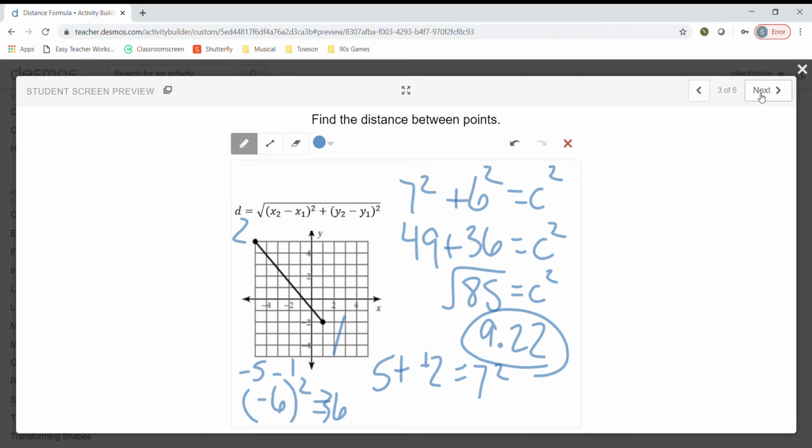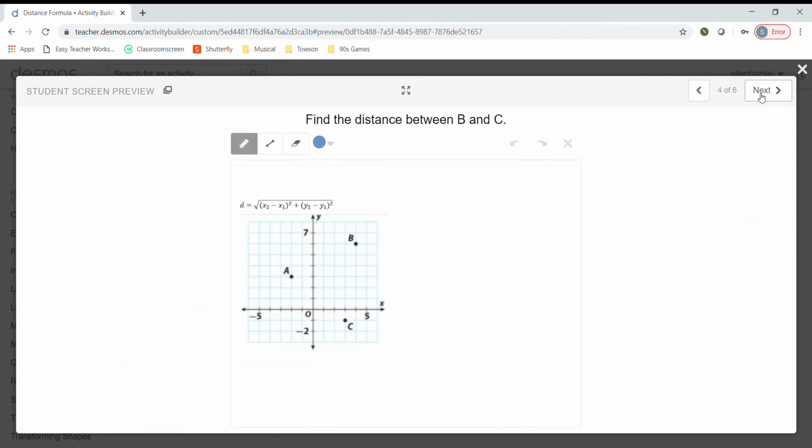All right, so now we're going to take a look at how to put all of this in under this radical. So we're going to start with this. It says find the distance between B and C. All right, so we're going to label B as 1 and C as 2.